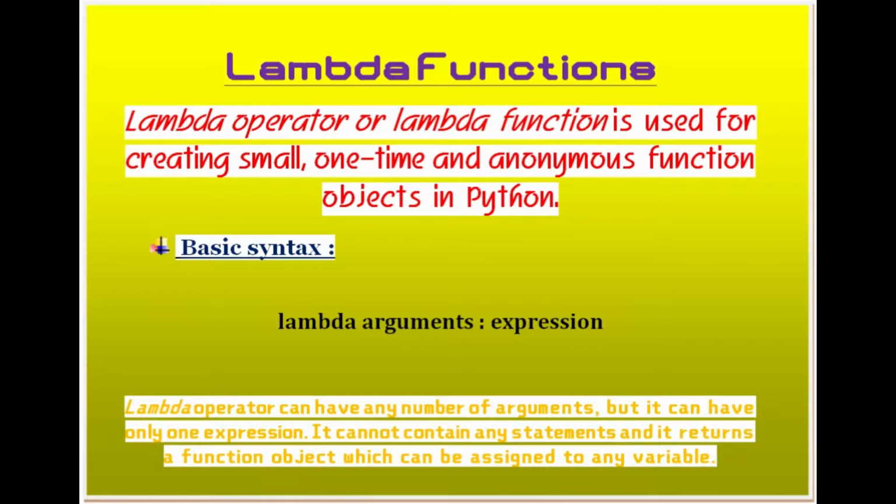As you can see, the basic syntax of a lambda function is first the lambda keyword, then arguments. You can give one or more arguments here, and then the expression. The expression cannot be more than one. A lambda can have any number of arguments, but it can only have one expression.